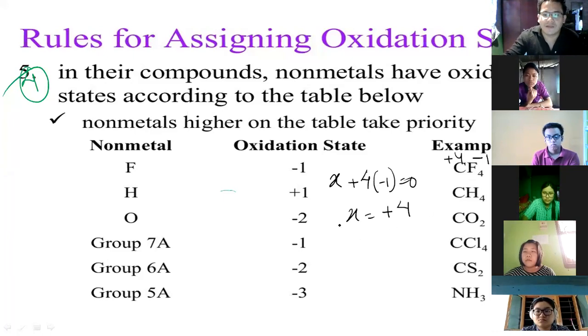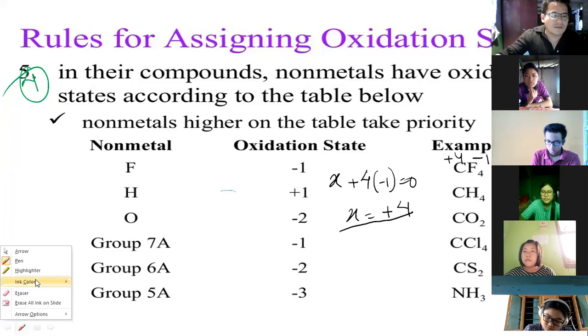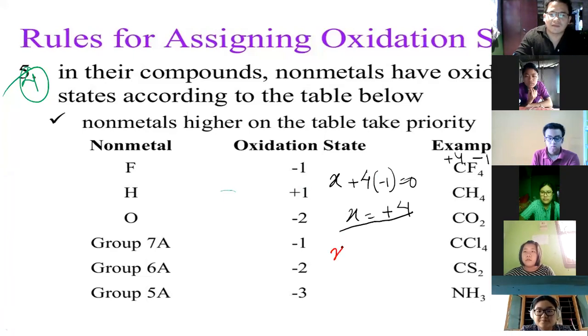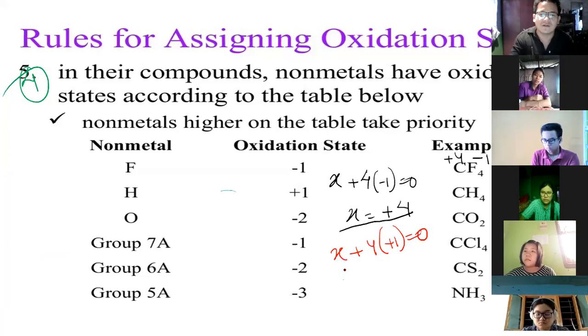What will be the oxidation state of carbon for methane? If you got the answer, you can tell me. -4. Yes, X plus 4 times (+1), because the oxidation state of hydrogen will always be +1 if it combines with non-metals.